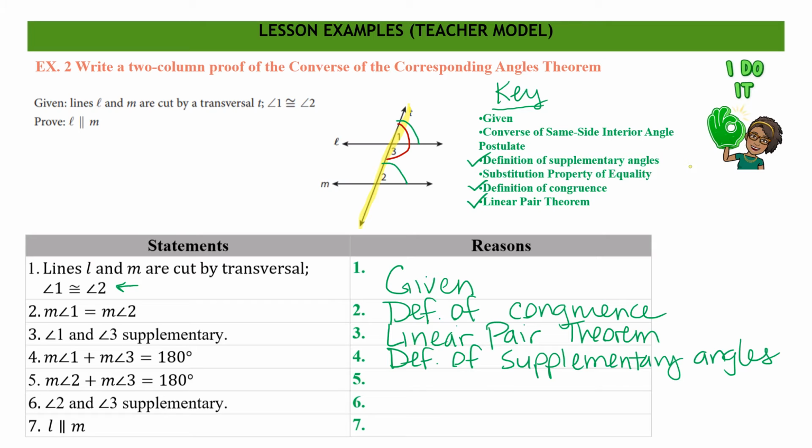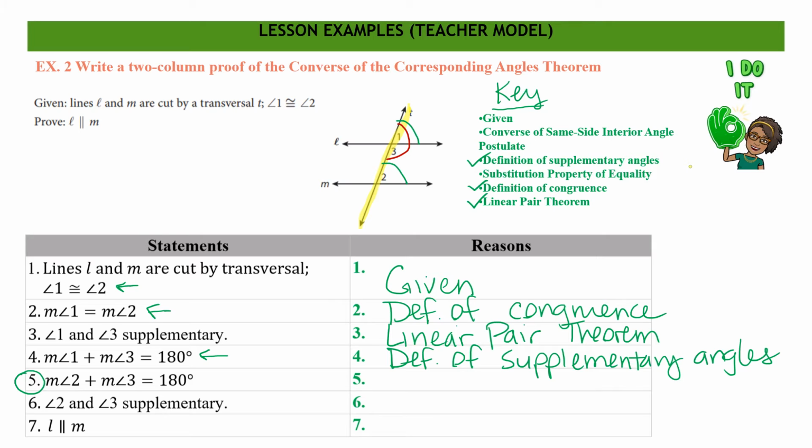If we look back at statement 2, it tells me that the measure of angle 1 is equal to the measure of angle 2. And if we jump down to statement 4, I have the measure of angle 1 plus the measure of angle 3 equals 180. Now, when we look at statement 5, we see something has been replaced in this equation. The measure of angle 2 has replaced the measure of angle 1.